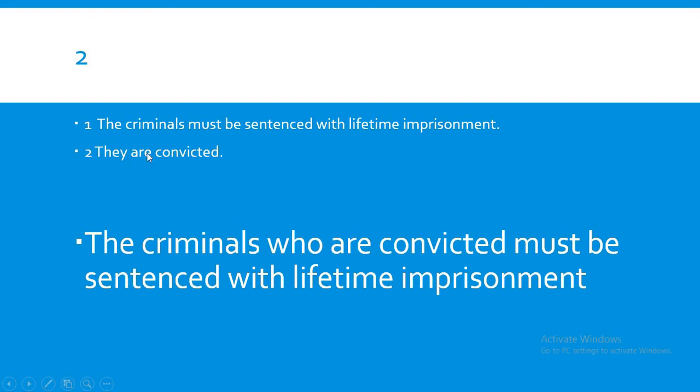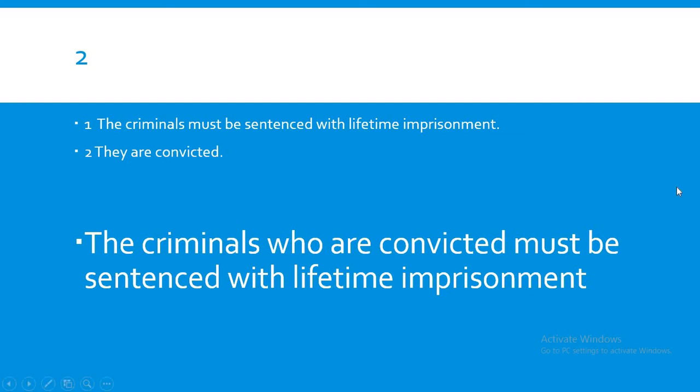There is one noun, criminals, the other one is imprisonment, but I wanted to describe more about the criminals. Then I have said the criminals who are convicted, who are convicted by the court, must be sentenced with lifetime imprisonment. That means must be given a lifetime imprisonment as punishment.